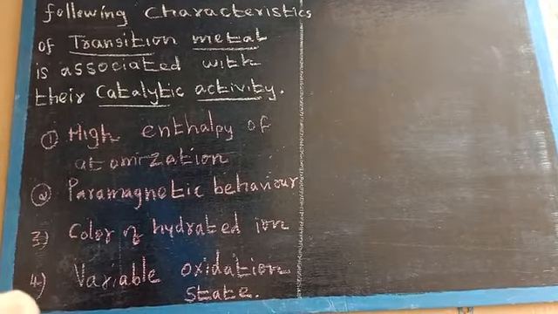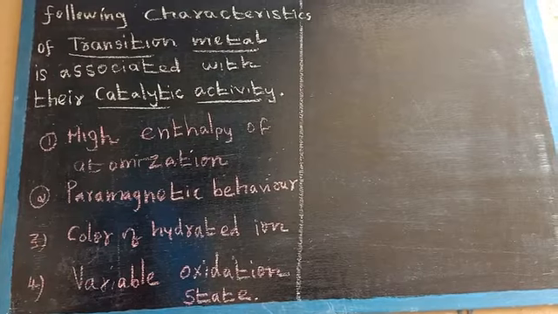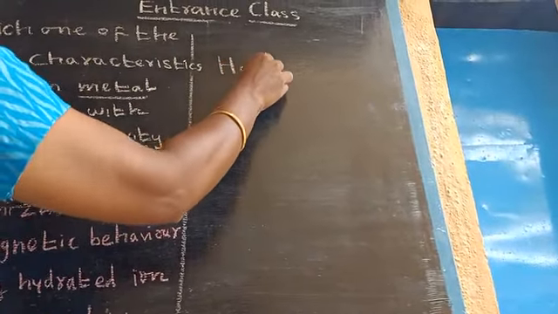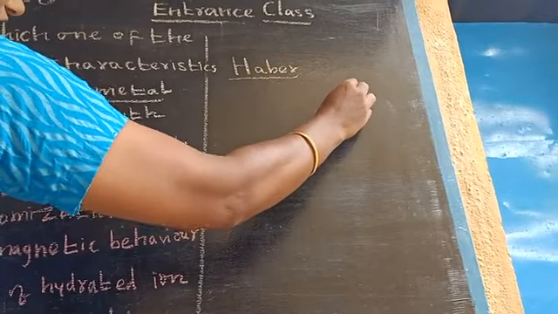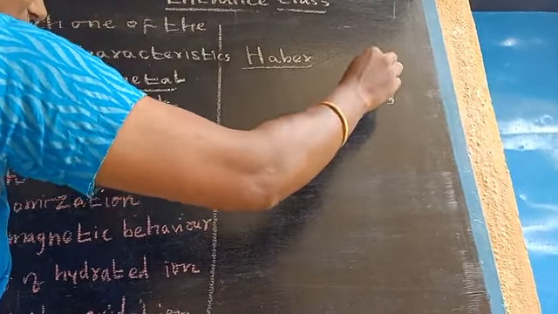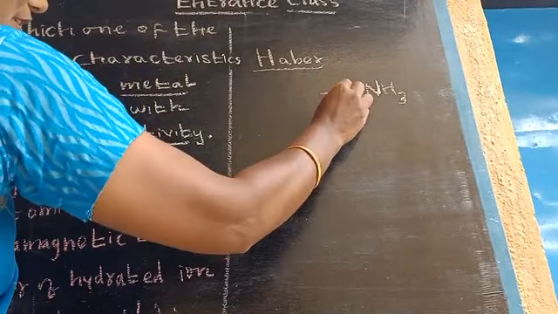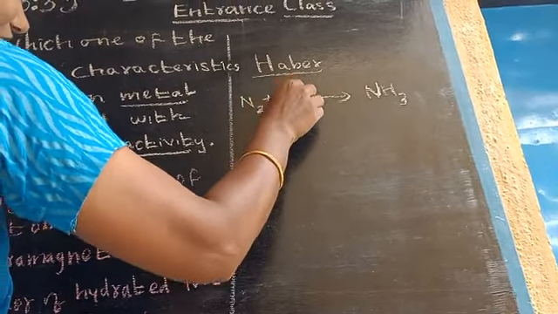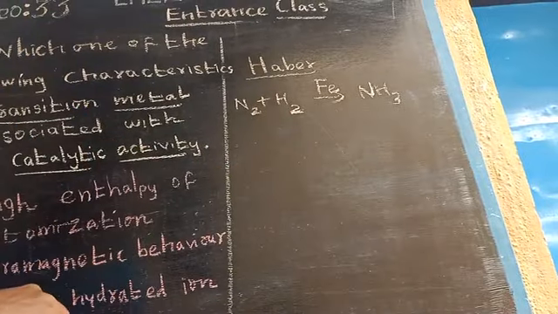The best example is the Haber process, the preparation of ammonia, NH3, from nitrogen and hydrogen. What is the catalyst? Iron acts as the catalyst, and iron is a transition metal.